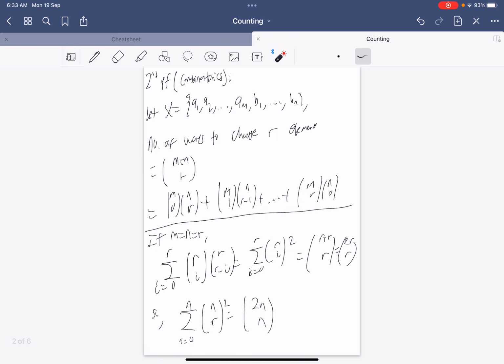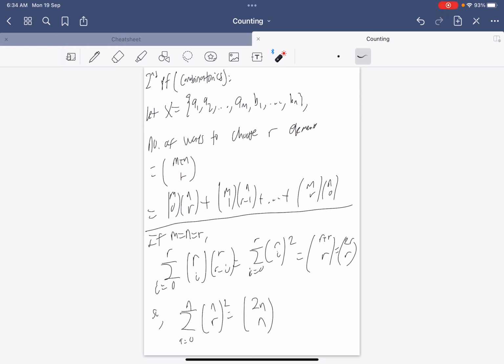The second proof uses combinatorics. We consider a set with m plus n elements, m of which are labeled a1 to am, and the other n are b1 to bn. The number of ways to choose r elements is m plus n choose r.